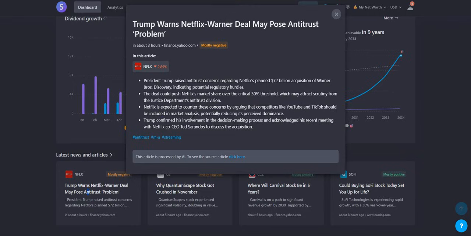Netflix is expected to counter those concerns by arguing that competitors like YouTube and TikTok should be included in the market analysis, potentially reducing its perceived dominance. Trump confirmed his involvement in the decision-making process and acknowledged his recent meeting with Netflix CEO Ted to discuss the acquisition.